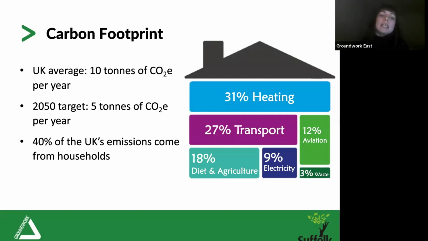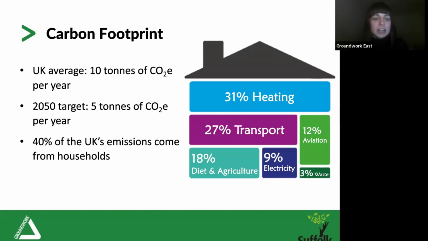And if we think about where we need it to get to, the 2050 target of becoming net zero by that point as a UK target, we need that 10 tonnes to go down to 5 tonnes. So you can see there that we need that to reduce by half. Obviously, that's a very distant target that we're going to reach. So it seems a lot, but there's going to be lots of different measures that help us get to that point.